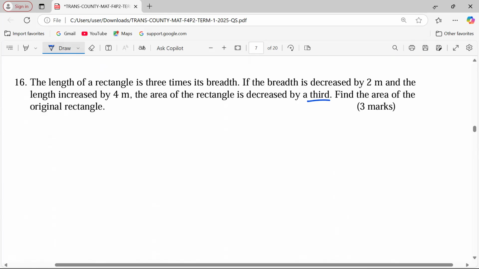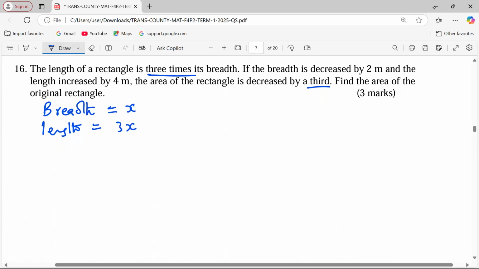So let me interpret this. We are told that the length of a rectangle is 3 times its breadth. So if we let the original breadth be x, then the original length is going to be 3x.